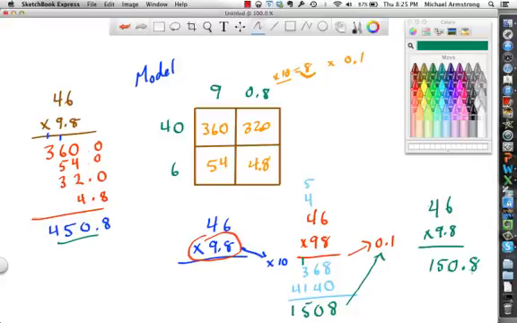Now see, I only need to put one decimal place back in because I'm just multiplying by 1/10 because I only multiplied by 10 over here. Okay, 150.8. Oh, weird, that's 4, huh? And this should be a 4 too. 450.8. Thanks for noticing that mistake, guys. You noticed. Smiley face for you.